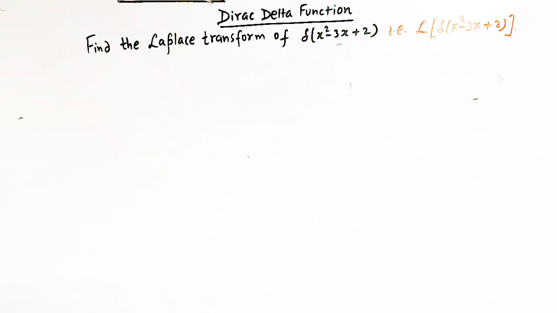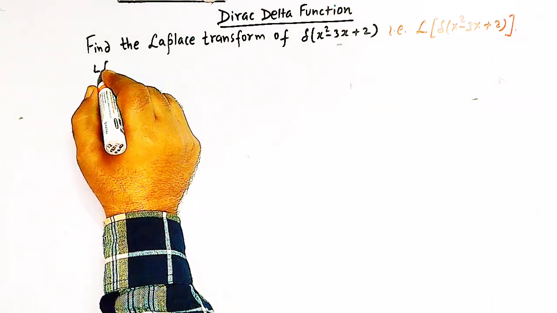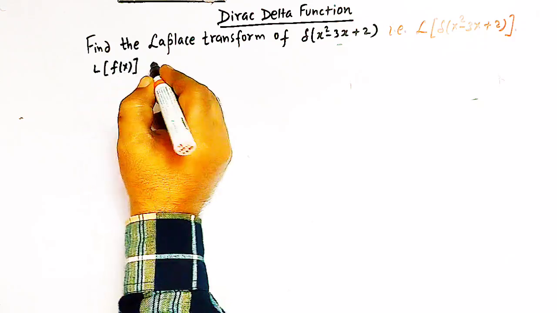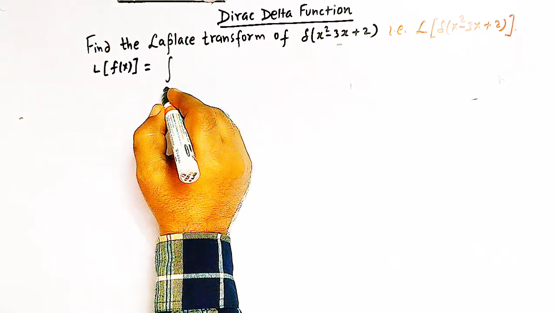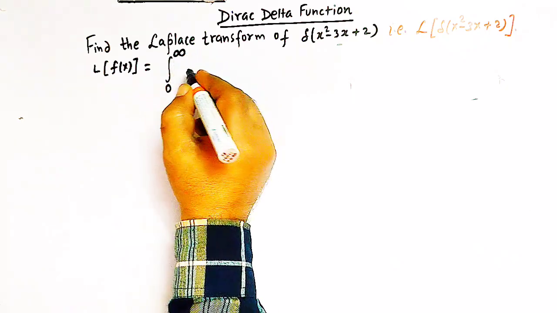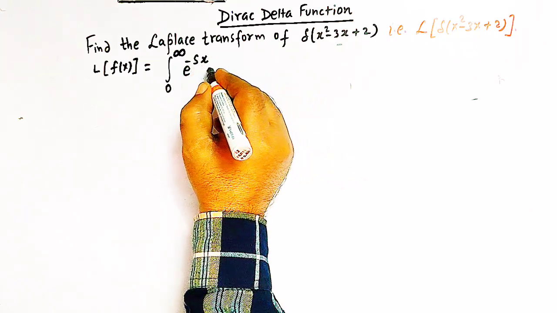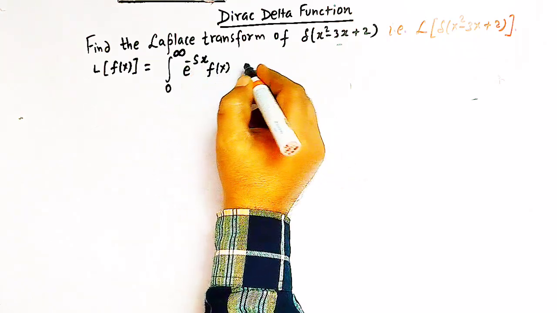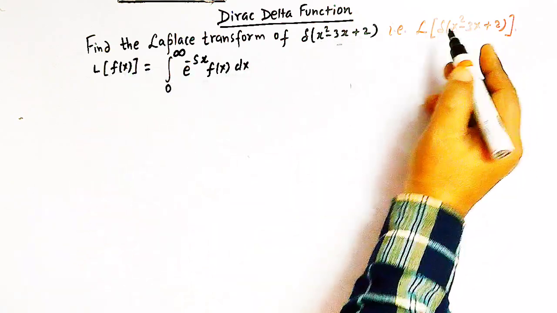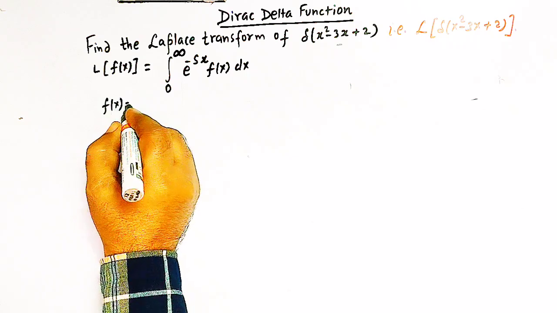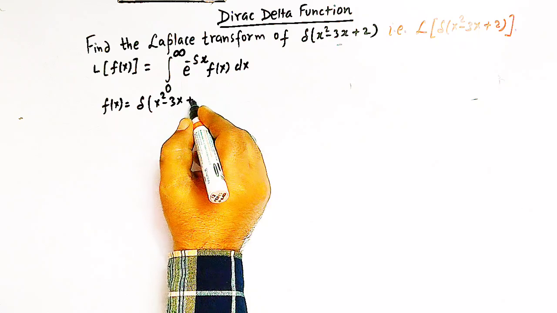Now let us first see the definition of Laplace transform of a function, say f of x. The Laplace transform of the function f of x is defined by the integral from 0 to infinity of e raised to minus sx times f of x dx, right? And here f of x is given by the delta function, that is delta of x square minus 3x plus 2.